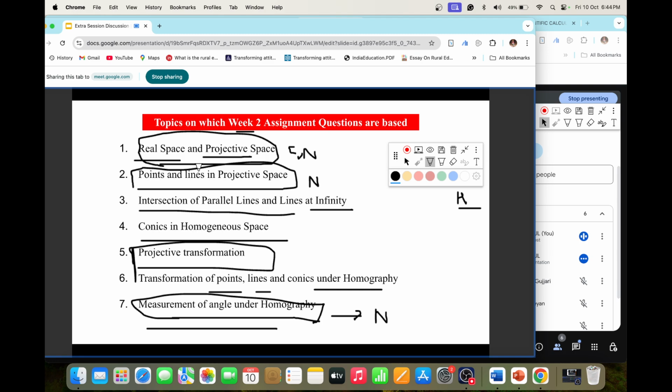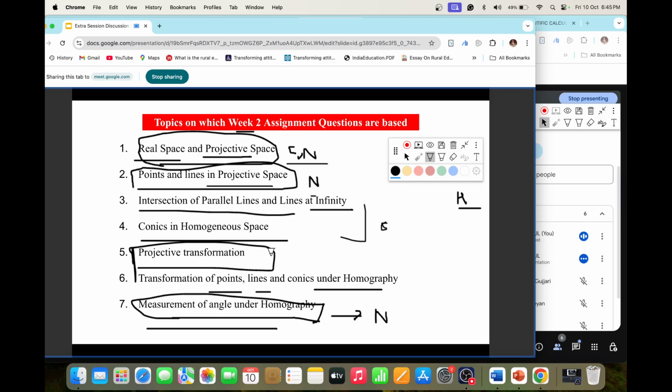And then week 2 is based on homogeneous projection. Homogeneous projection, or the difference between real space and projective space, so that you can get conceptual as well as numerical problems. Points and lines in projective space, numerical problems. You can get intersection of parallel lines at infinity, and more conceptual questions you can expect.